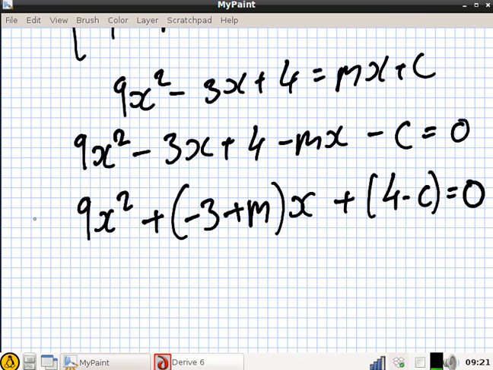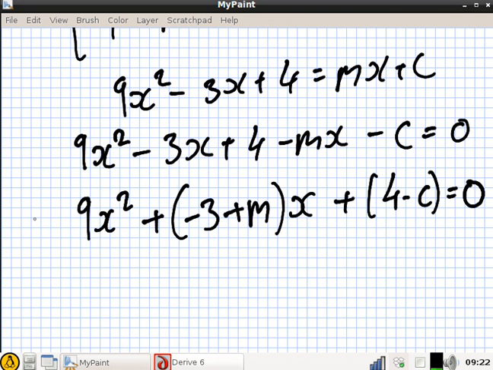What would you do next here? What did you do in the first question, 1a? You solved it, didn't you? And if there were 2 answers, it's not a tangent. How many answers did you get when you did the question for me? You got 2 answers. How many answers should I get here?